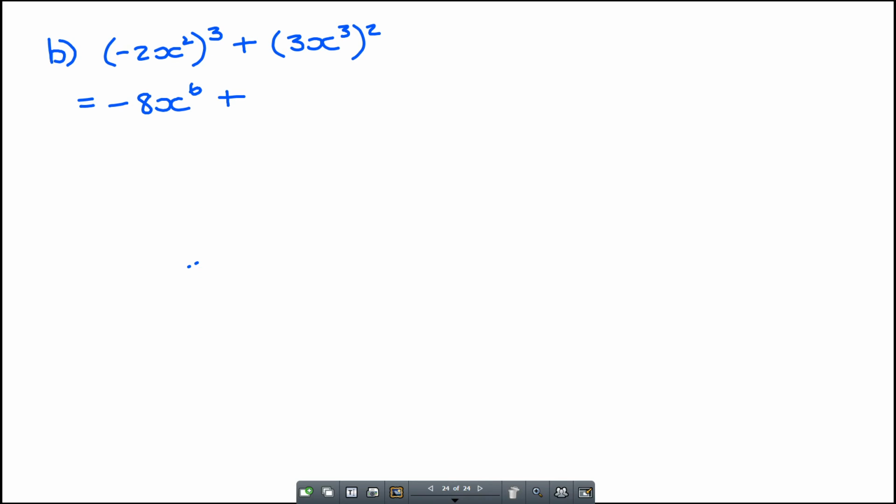Then that to the power of 2 again applies to everything. So it would be 9x to the power of 6. Now they're like terms, so I could add, and that would give me 1x to the power of 6 or just x to the power of 6. Okay, at C.